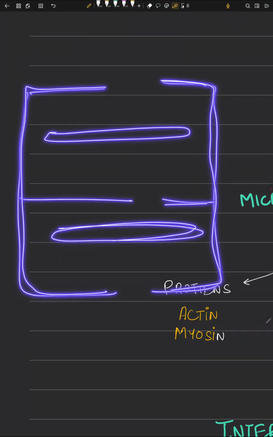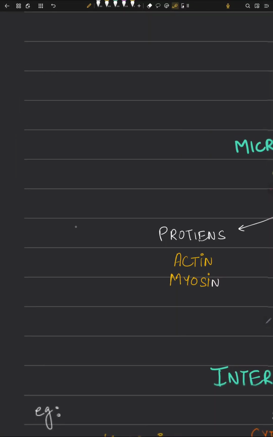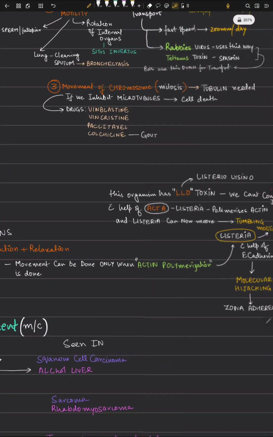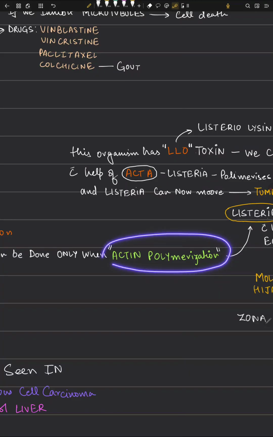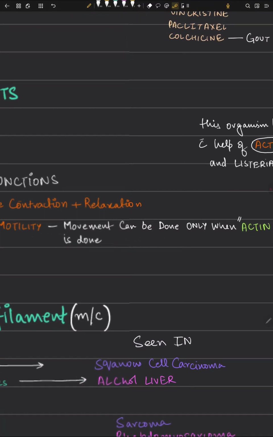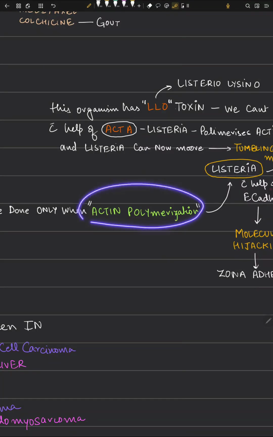So basically what happens is that the structure of this one and this one comes closer, this thing comes this way, this thing comes this way, and the structure becomes much more close. I'm not really able to explain it, but just understand that something called actin polymerization happens. Cool. So for the movement, for the cell motility, we need actin polymerization.